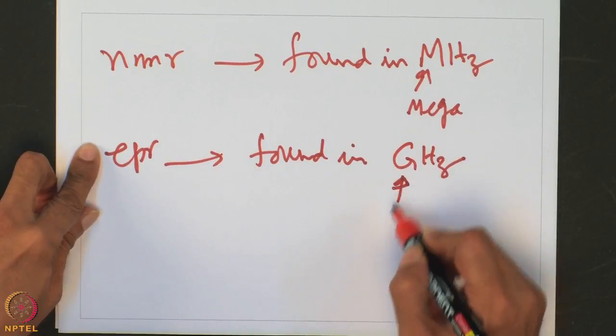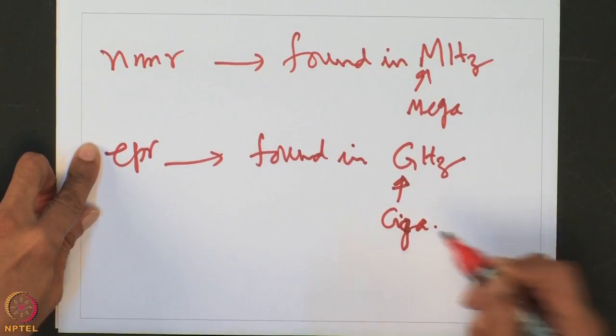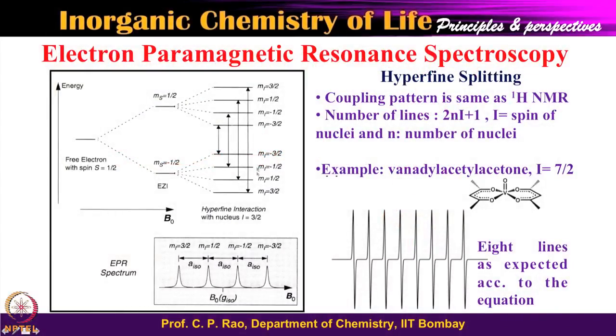So, gigahertz, megahertz. That energy difference is definitely there, and this can further couple with the nuclear spin.